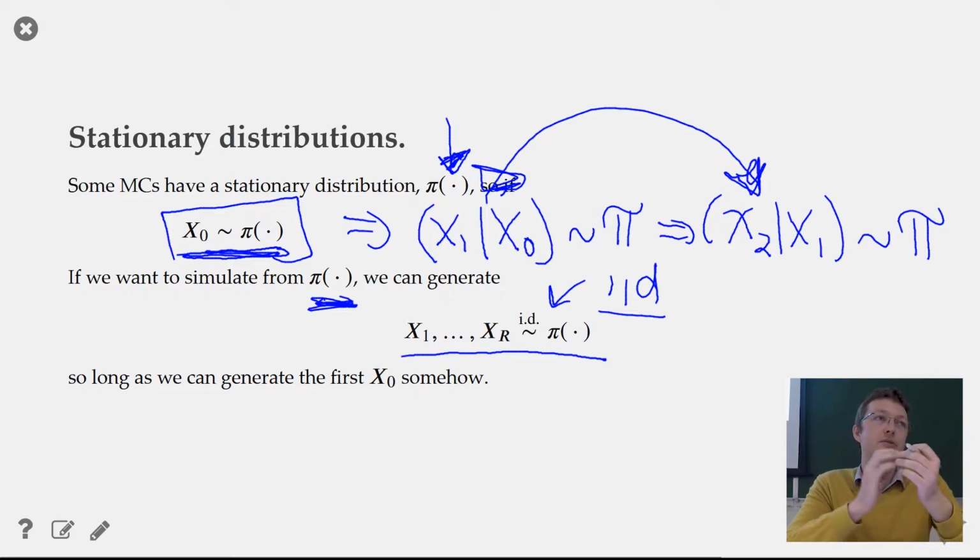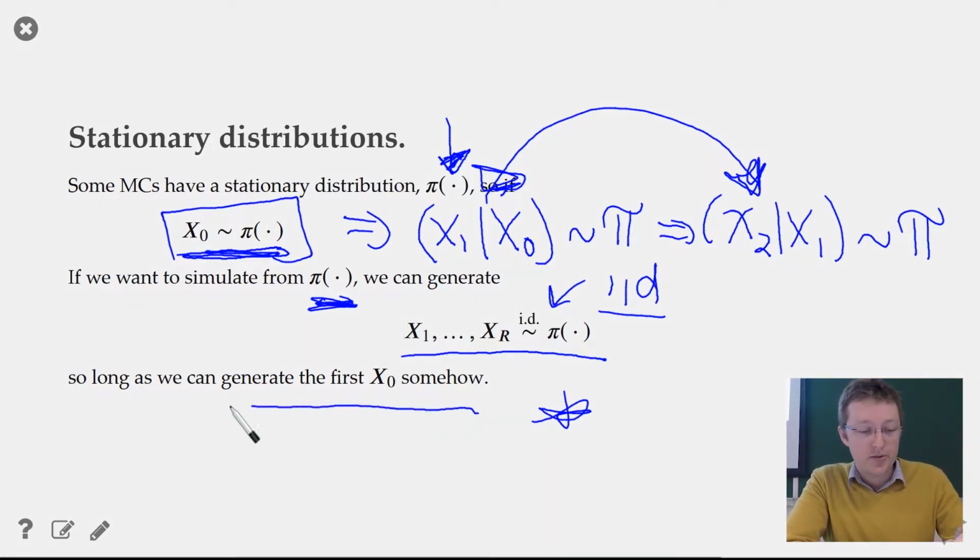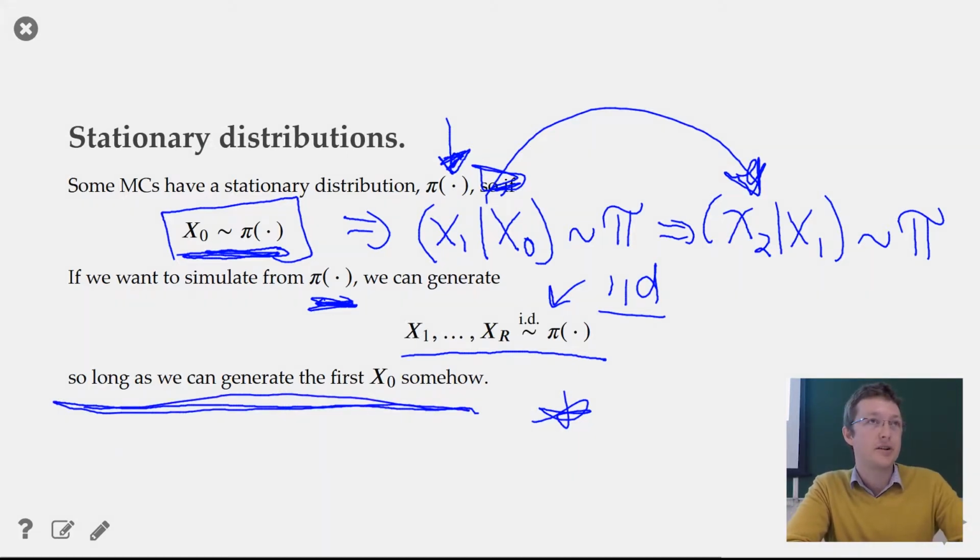In this case, you're losing that nice property, but sometimes you have no option. You have to do some dirty thing like this. Okay, so this is the goal, but it's kind of like a chicken and egg scenario. If you could simulate from this pi, then you can simulate from the pi. So you need pi to simulate from pi, kind of thing. So this is something that needs to be addressed.